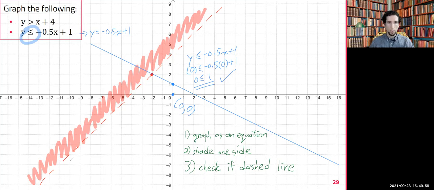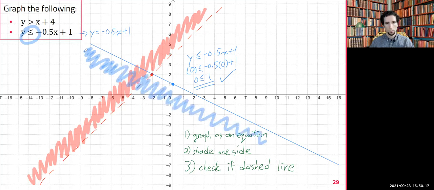So in this case, our point at the origin is included. We'll be shading everything below the line. Let me just erase the origin here. So we're shading like this. And our third step, check if this should be a dashed line.